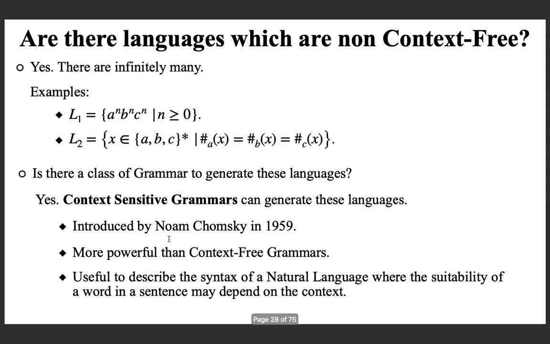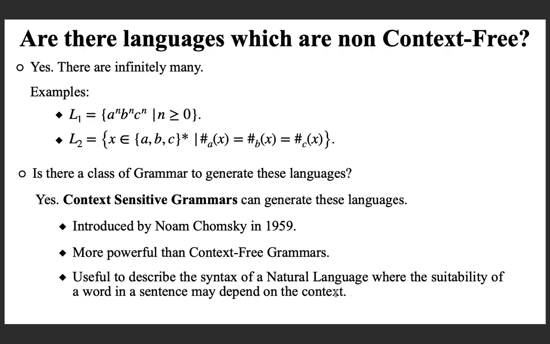An application other than this: they are useful to describe the syntax of a natural language, where the suitability of a word in a sentence may depend on the context in which that word is going to appear.